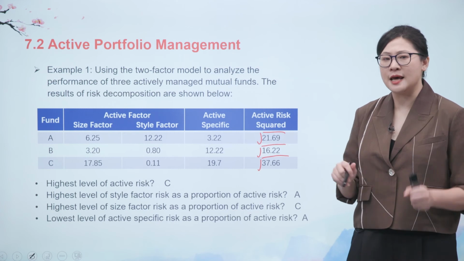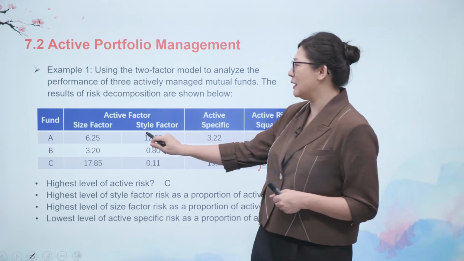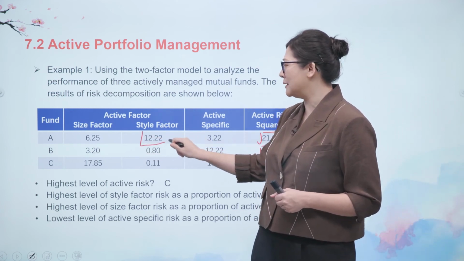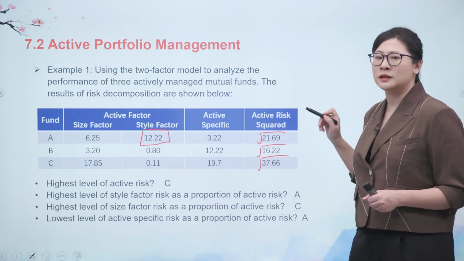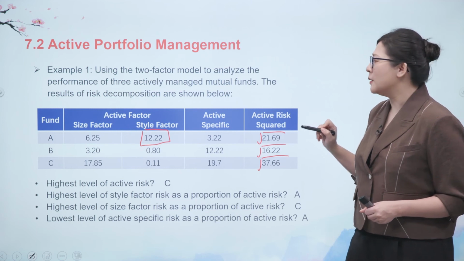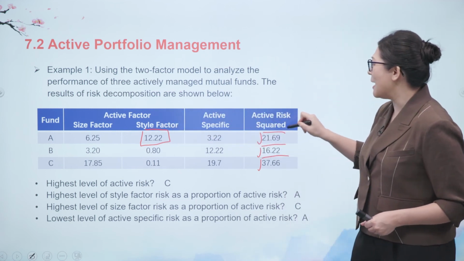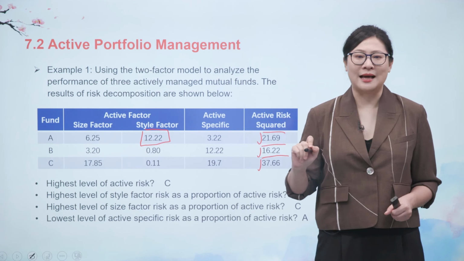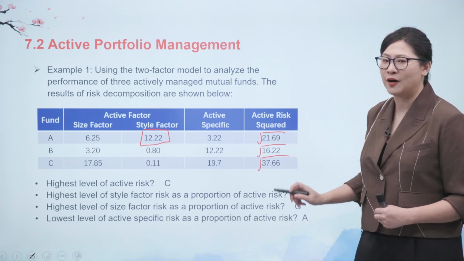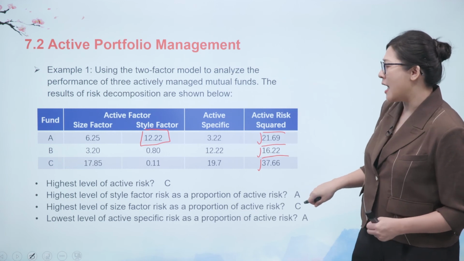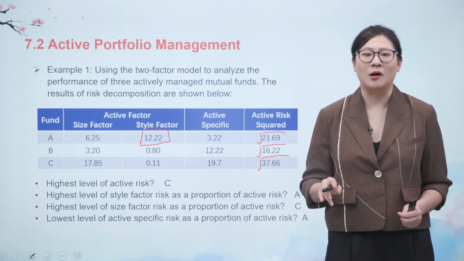For the style factor risk, you can directly divide it by the active risk. Comparing these 3 numbers, we find fund A has the highest level of style factor.